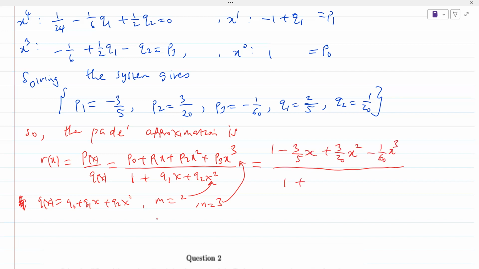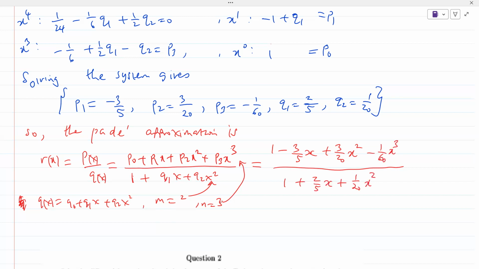What is q1 itself? q1 is 2 out of 5 x plus 1 over 20 x squared.